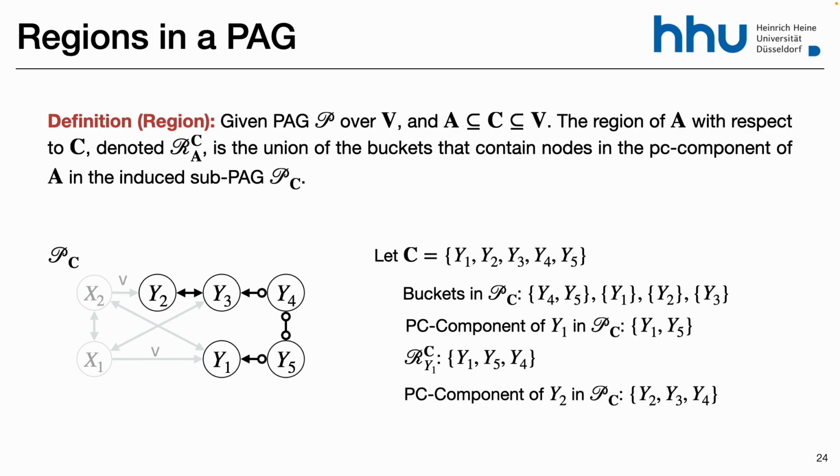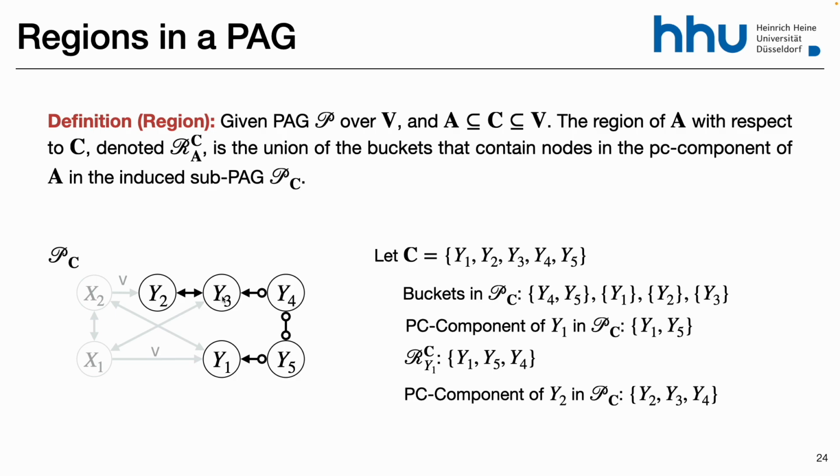Okay, now another example. Let's suppose that A now is y2, and the PC component of y2 is here. So now we can include up to y4, right? Because of this path, the variable in the middle is a collider, and I stop here because this is not a collider. So this is okay to be a circle.